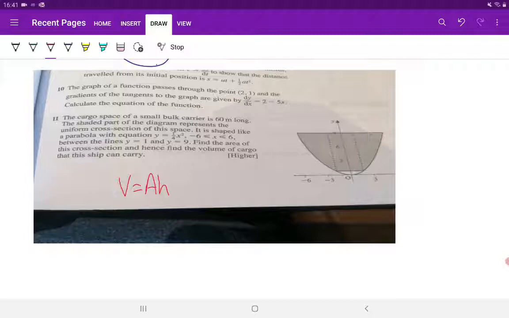Now, what we need to do is think about the area that we're trying to work out. We don't work out the area above a curve, we work out the area below a curve. So it would be helpful to work out this area here that I've coloured in red.